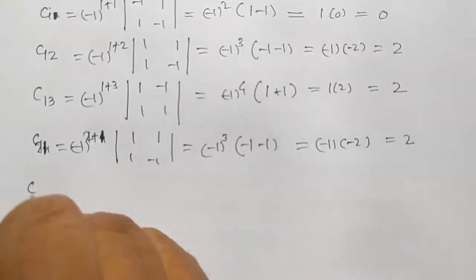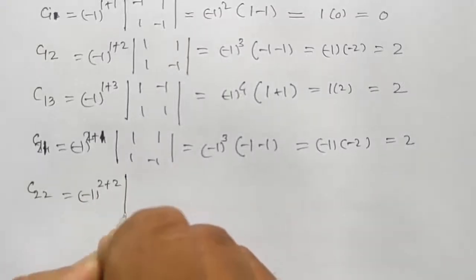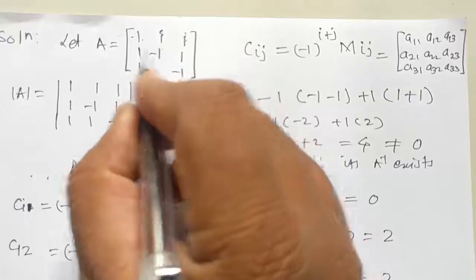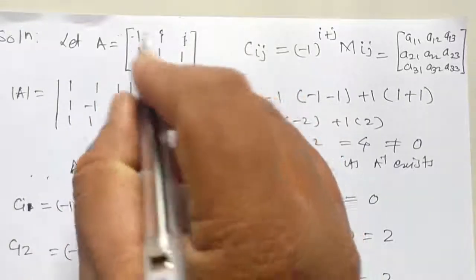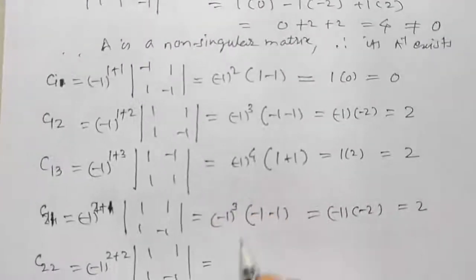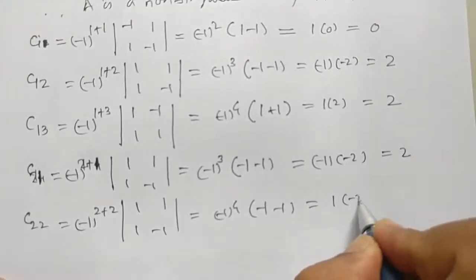Now C22 is equal to minus 1 raised to 2 plus 2 multiplied by the determinant. Deleting this row and column, we get 1 1, 1 minus 1, equal to minus 1 raised to 4 into (minus 1 minus 1), which is minus 2.